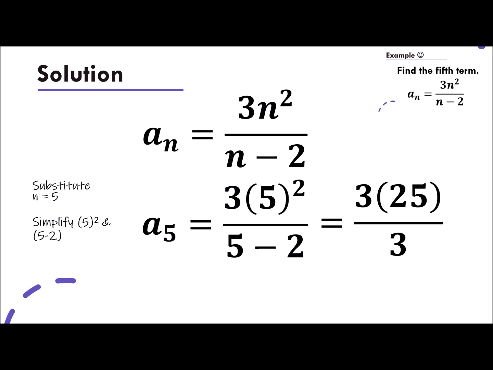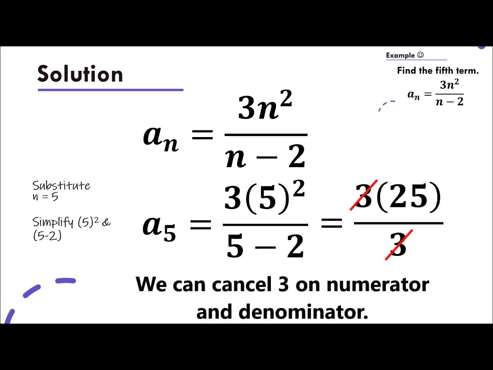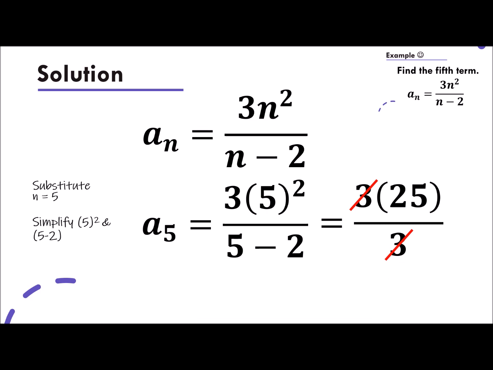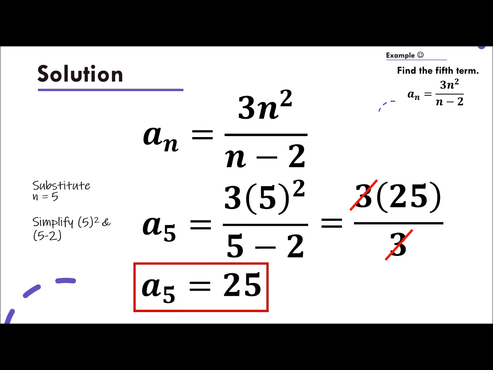Then what can you notice about this part of the solution? Can we simplify it easier? Okay. We need to cancel 3 because 3 divided by 3 is 1. So with that, we will have a sub 5 is equal to 25. And that is our fifth term.